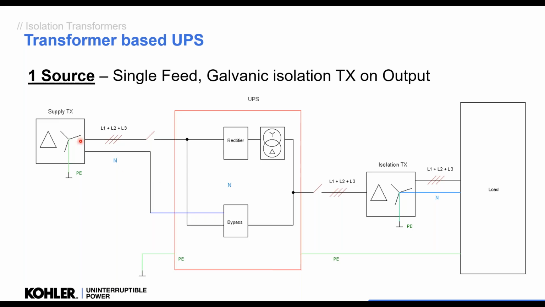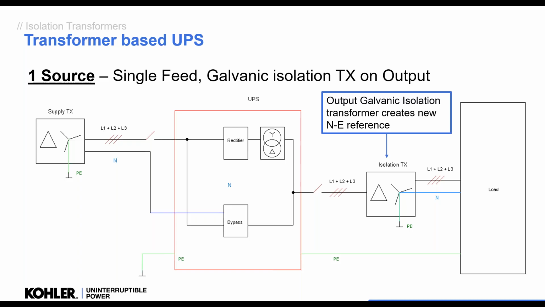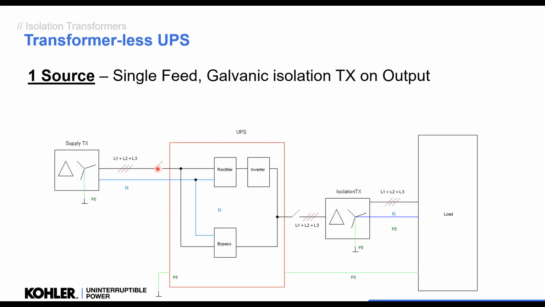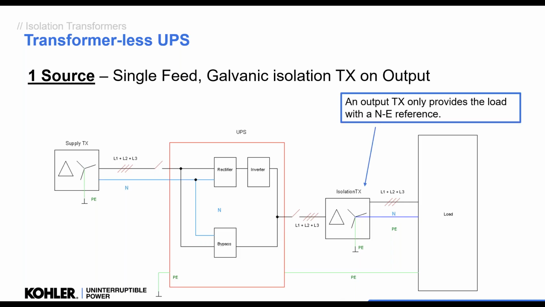So whatever happens on this supply, if we lose the line and the neutral is connected. And this is exactly the same on a transformerless UPS to what we want to do. So we have the single source feed, neutrals connected inside, but we're going to just take 3 wire into the isolation transformer to achieve that galvanic isolation, having the neutral earth there.